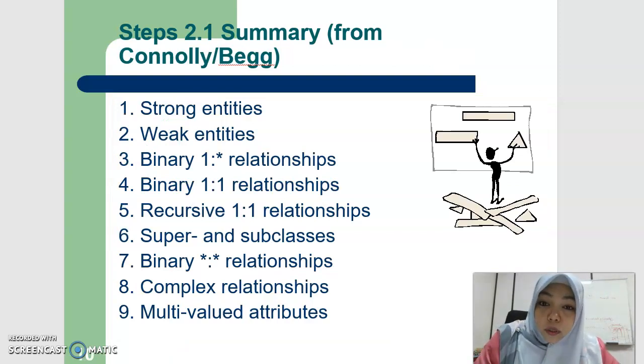So today we are going to go through how to map the ER diagram to relational model. This is the summary of the steps that you have to do in mapping ER diagram to relational model. The first and second one is for you to identify which entity is the strong entity and which one is the weak entity.